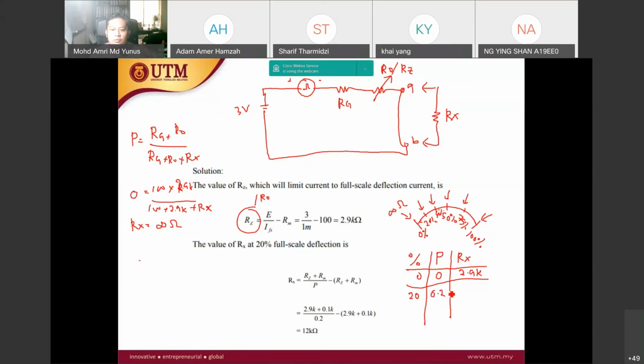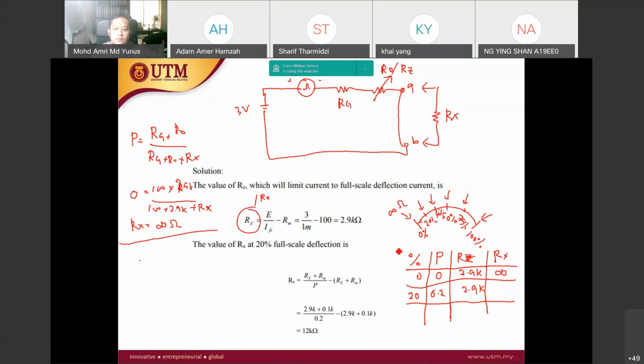Ro remains the same, 2.9 K. Of course, this is the zeroing value when calibrating. No, sorry, this is Rz. This is Rx, sorry. So this is supposed to be infinity.